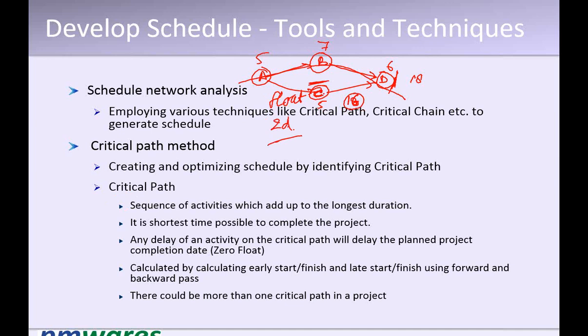Now, as soon as C is delayed by 3 days, more than the float available, the critical path will change. Suppose this is delayed by 3 days, 5 becomes 8. Then this path will become the critical path and the duration will be 19 days. And B will have a 1 day float.